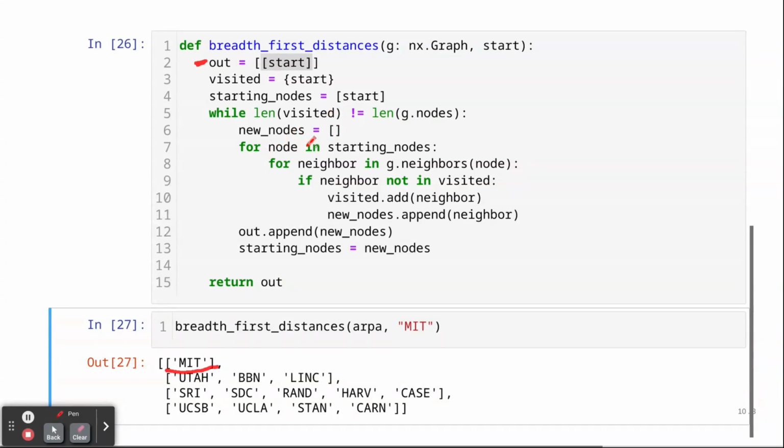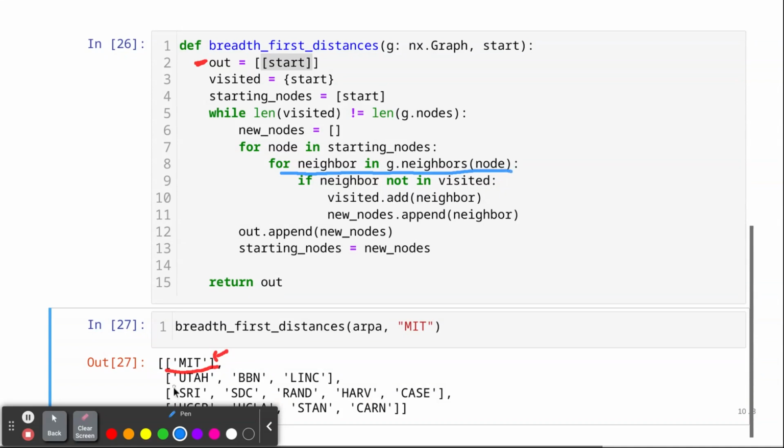Then, for each of the nodes that we're currently considering, or in other words, each of the nodes at the last element of out so far, let's go ahead and look at all of that node's neighbors. So let's look at all the nodes that are directly connected to the starting node. Here, this would give us Utah, BBN, and Lincoln. We'll have to double check that we haven't already seen that node somewhere up above.